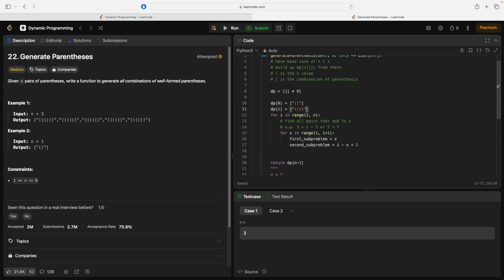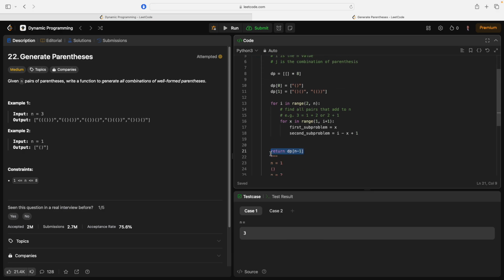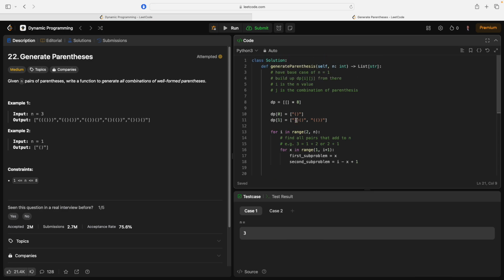I'm realizing that we need to do this. There we go. Because we need at least 2 subproblems to make the next problem. And those are pretty straightforward answers. And those will be the answers to 0 and 1. So we've already solved a couple of the problems.